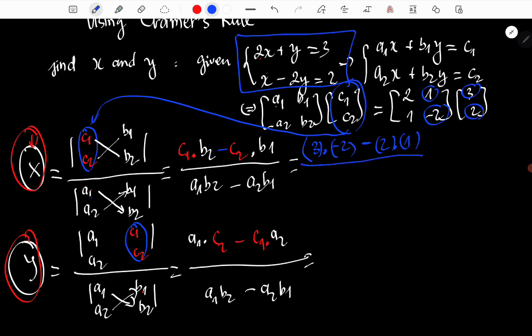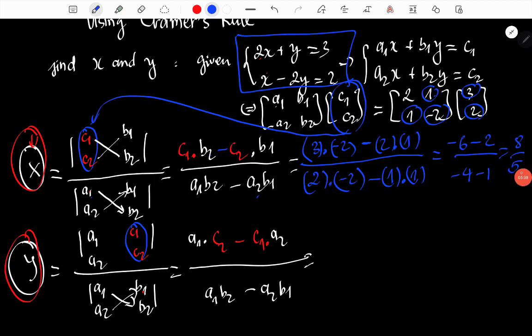Divided by a1, it's 2, times b2 is negative 2, minus a2 is 1 right here, times b1 is 1 right here. So we're gonna have negative 6 minus 2 divided by negative 4 minus 1. So we have 8/5.